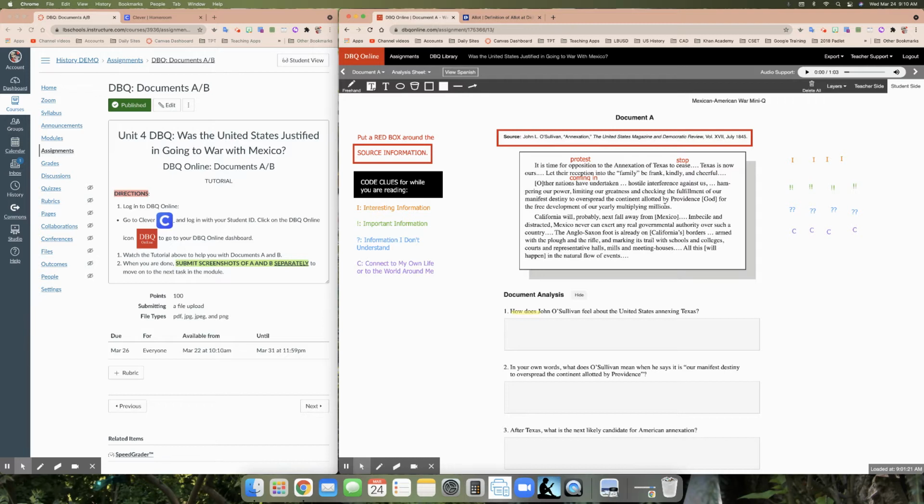The fulfillment of our manifest destiny to overspread the continent allotted by providence. So God has given us this ability to spread out across the United States and develop it how we need to support our millions of people that are being born every day.